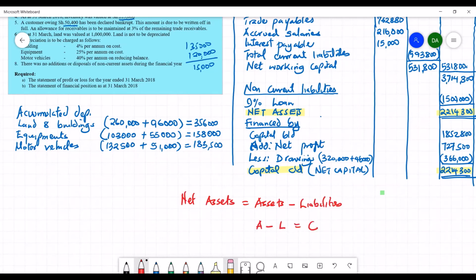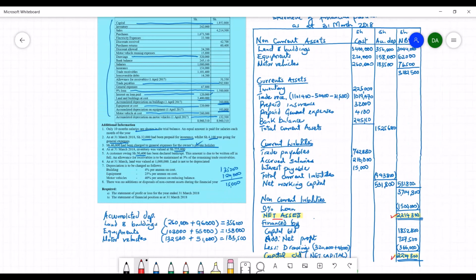So that is what we have been able to do here, to determine that the net assets equal the capital of the business. All of them are 2,214,300. That is how to prepare the statement of financial position. So this is the statement of financial position of the business in one single page after we have balanced it.